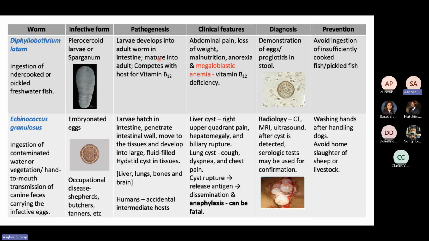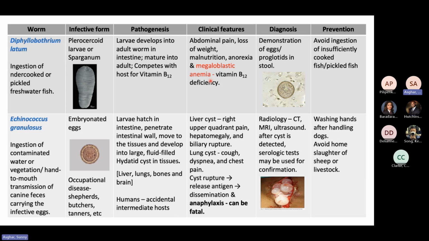It's going to go into your intestines, mature, and then compete with your vitamin B12. And the key feature for this one is, remember, B12. If you have a deficiency in your B12, that can lead to macrocytic anemia, megaloblastic anemia.